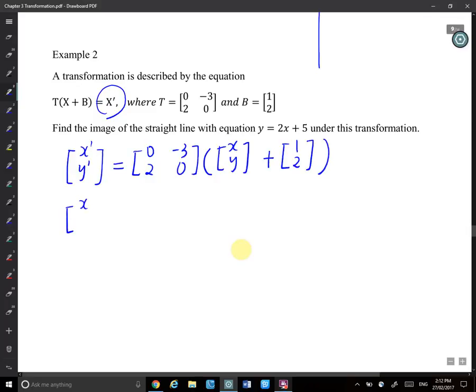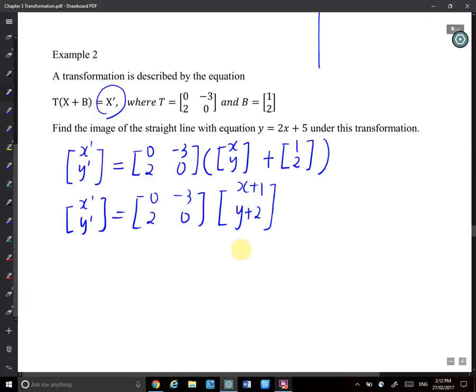So what you need to do now is just calculate. You have x plus 1, which is one number, and y plus 2, which is another number, in a whole column.